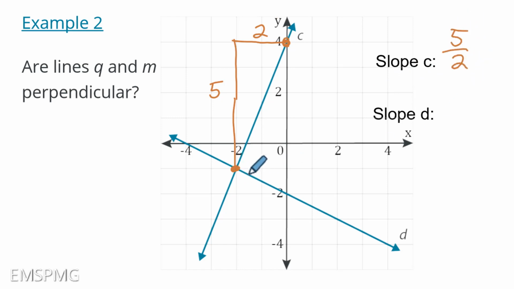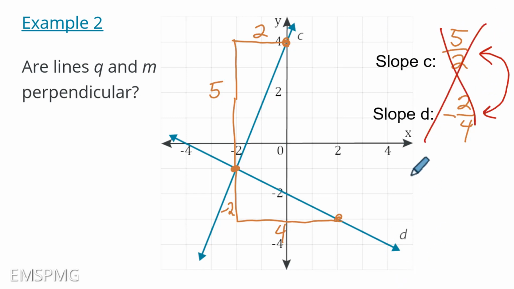And then the slope of D is, let's see, we go down 1, 2, and then over 1, 2, 3, 4. So we go down 2 over 4, which is -2/4. And we see that comparing these two numbers, they are not opposite reciprocals. So no, not perpendicular.